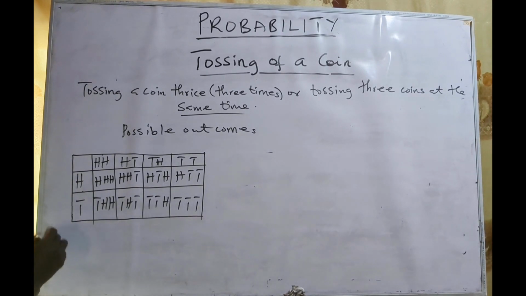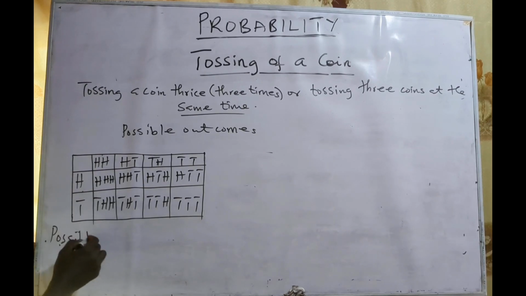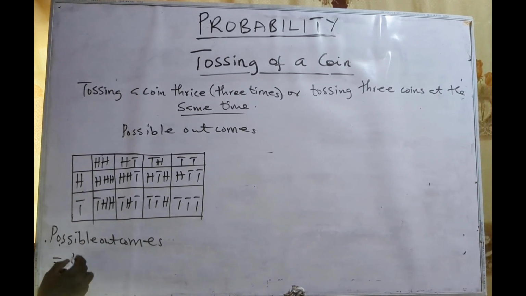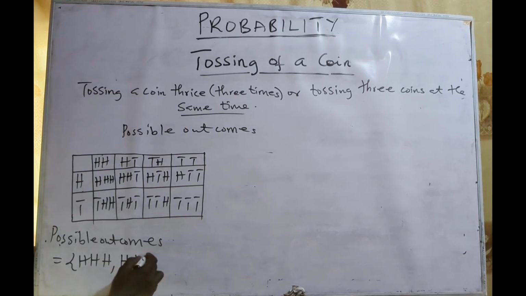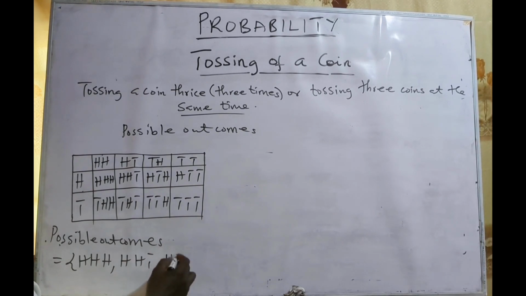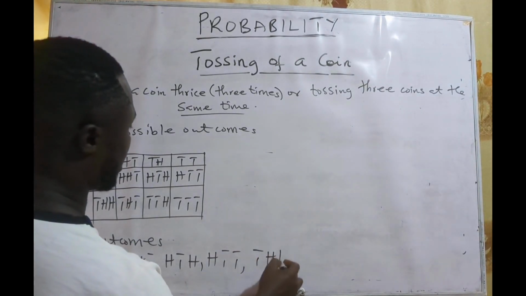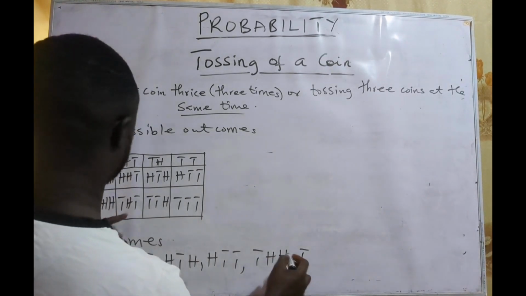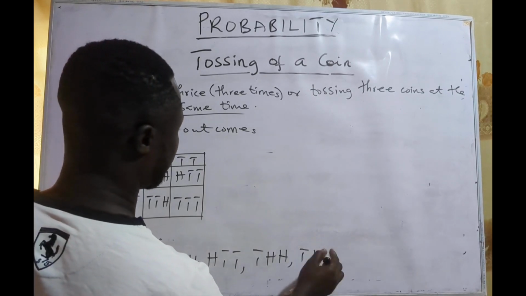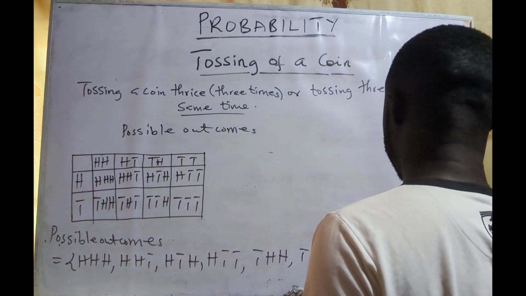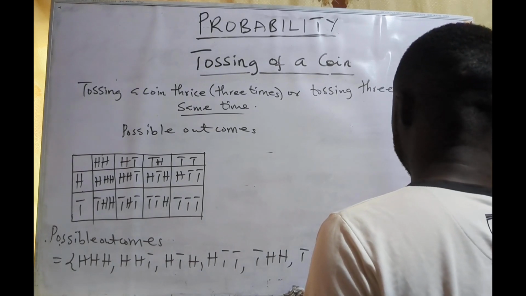So we can write our possible outcomes in a set form like this. We can have head head head, head head tail, head tail head, head tail tail, tail head head, we can also have tail head tail, and we can have tail tail head, and we can have tail tail tail.